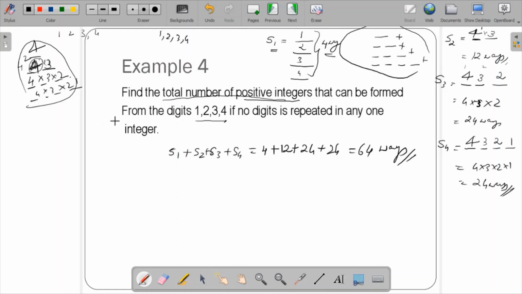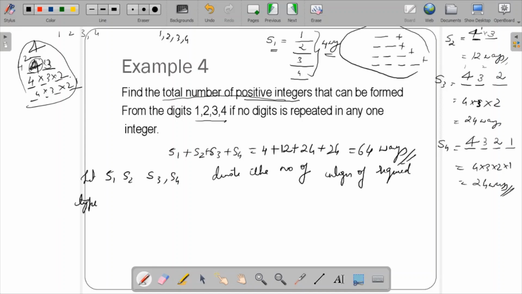You can just say: let S1, S2, S3, S4 denote the number of integers of the required type containing 1, 2, 3, 4 digits.